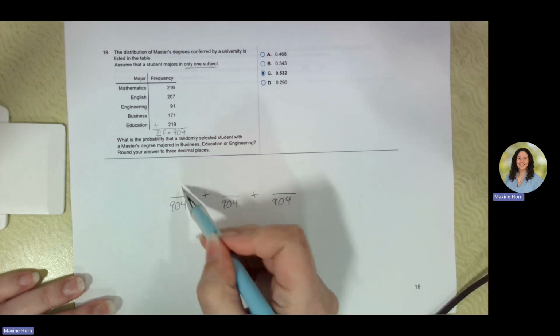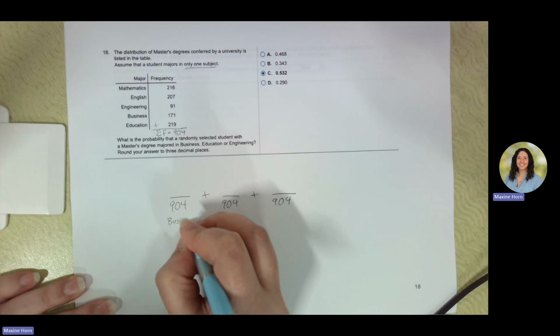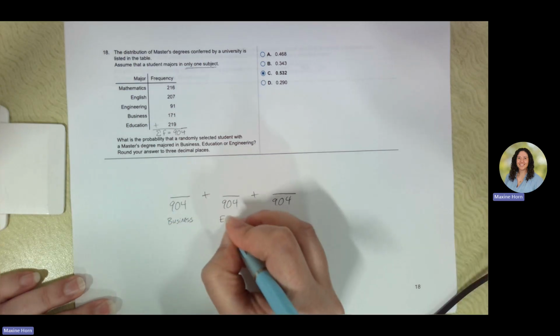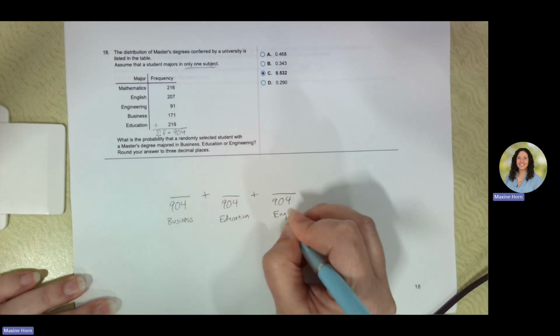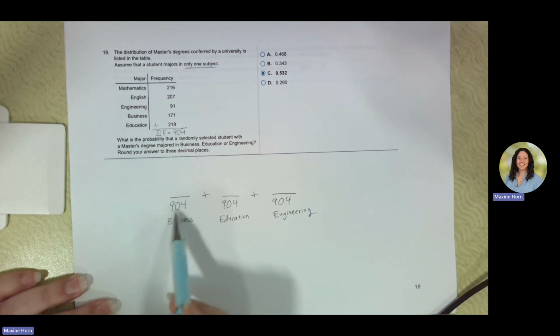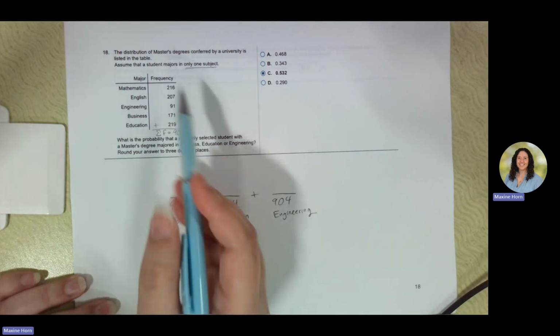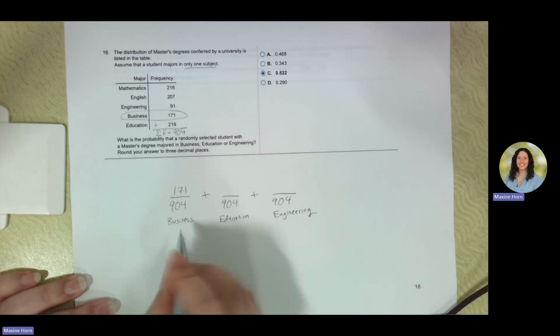So for this one, we have business, education, and engineering. The probability that a randomly selected student got their degree in business is 171 out of the 904.